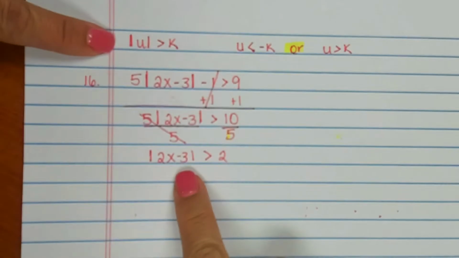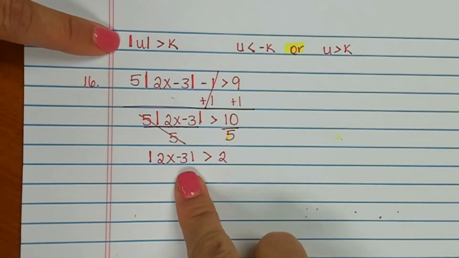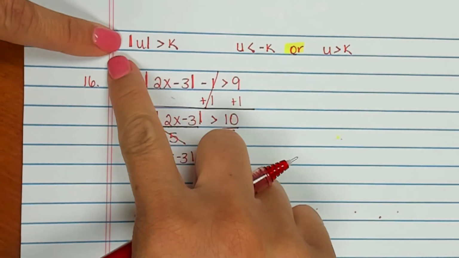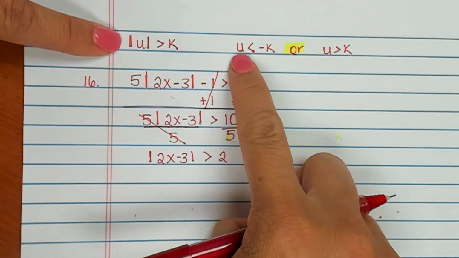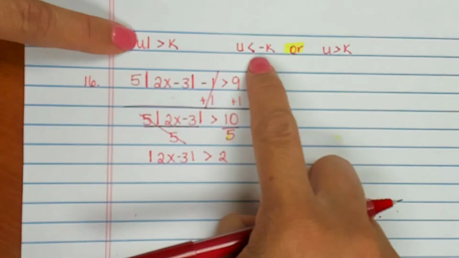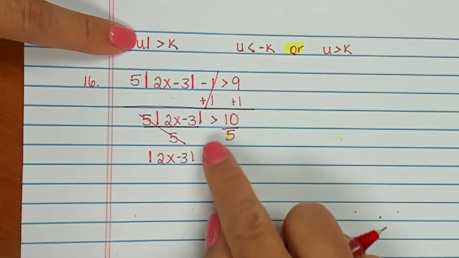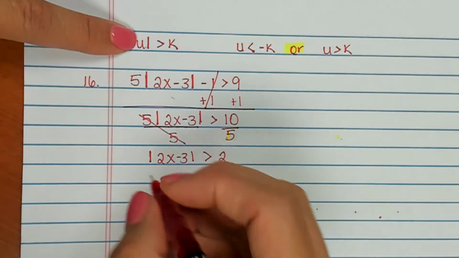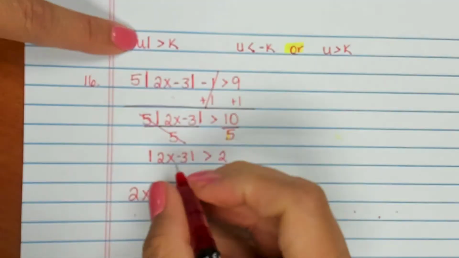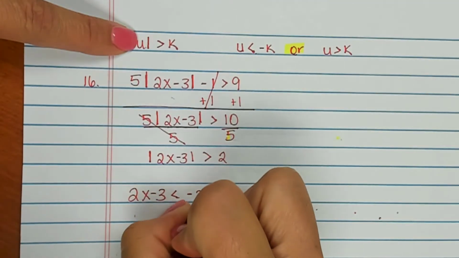Now these are in the same form, so I can apply this rule. I can leave what I have in my absolute value, u, the same, but we're going to say that u is less than the opposite of k. In this case, my k is 2. So 2x minus 3 is less than negative 2.